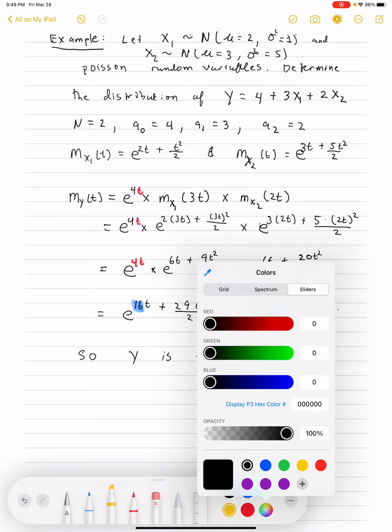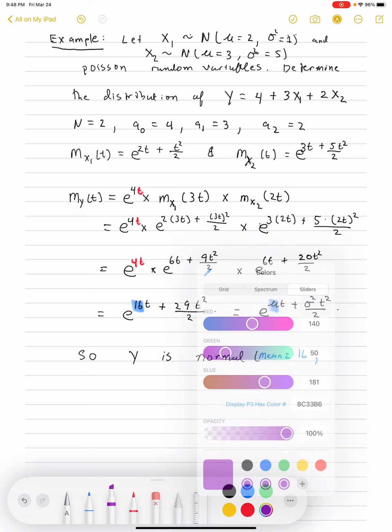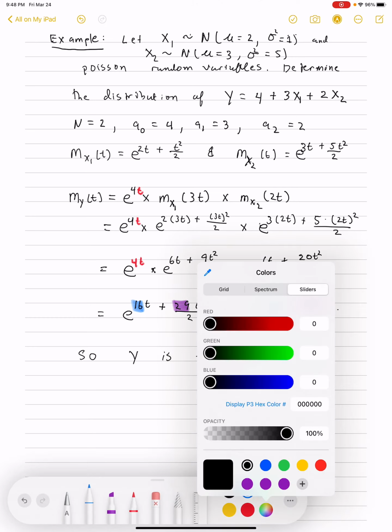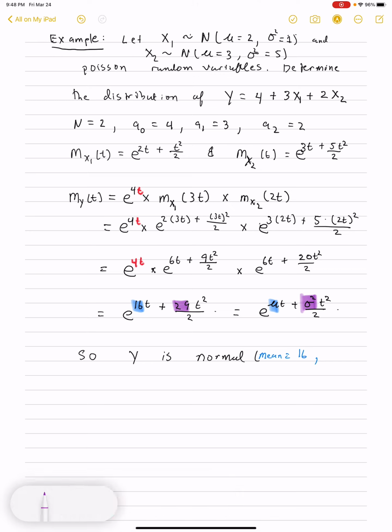Let's use purple. Okay, so that's the variance, and variance equals 29. So that is the distribution of this transformation. Thank you very much.